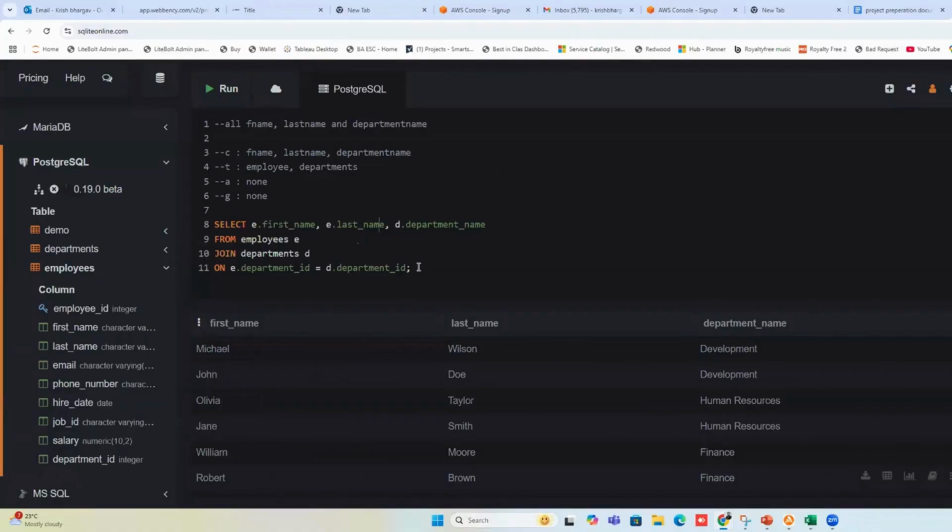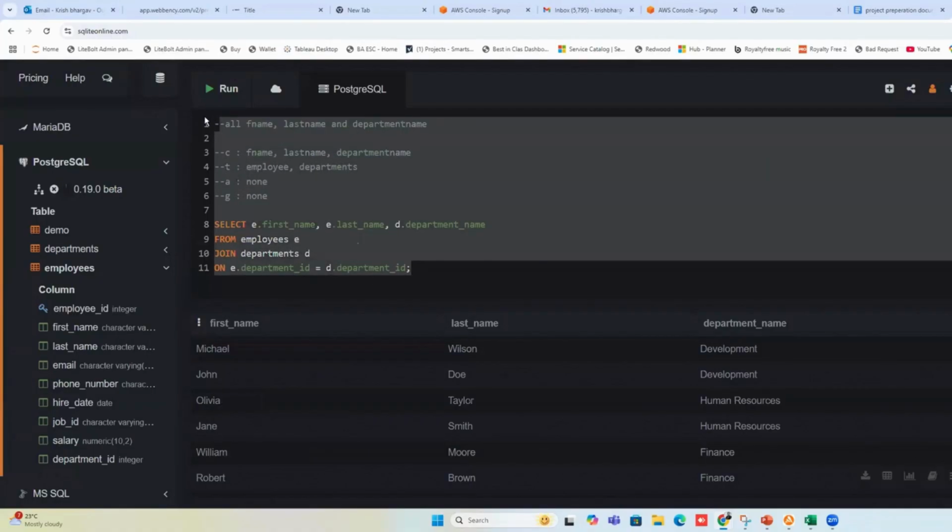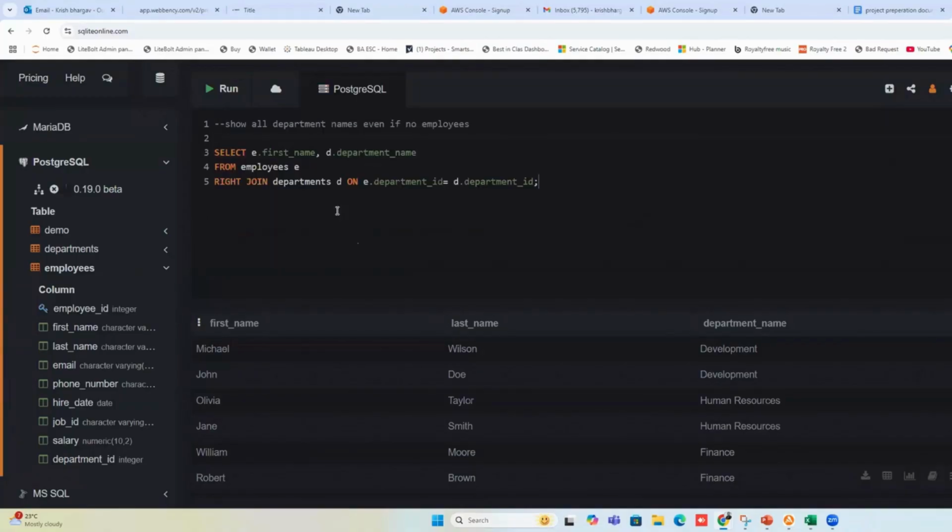What he's saying is now, I want employees, even if they don't have an employee ID, even if they don't have department names. Which means I need all data from my department table where there are null values against their department. And I need all employees, even if they don't have departments.